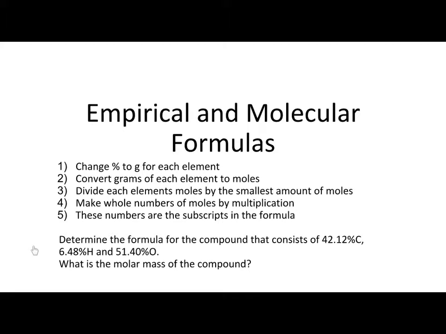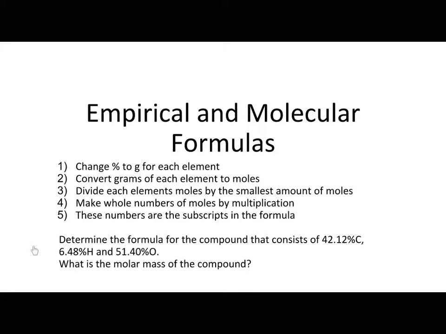So step 1, if I could speak, we will give you a percentage, and you need to change that percentage to grams for each element. So in most cases, we will assume that we have 100 grams of any compound.